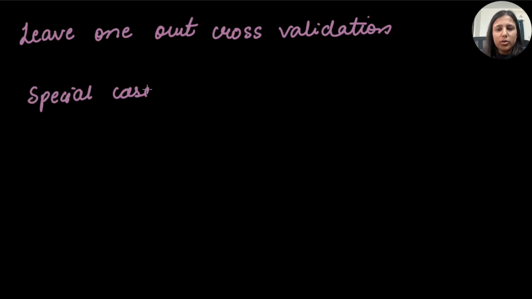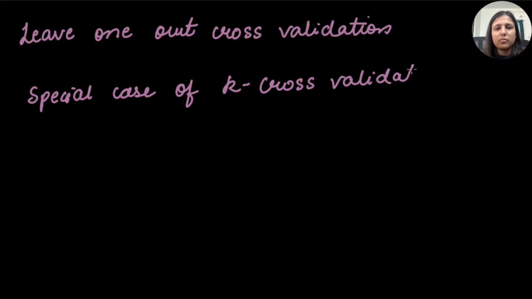It's a special case of k-fold cross validation, where k is equal to something. Let me first put the idea behind it and we'll find out what this k is.